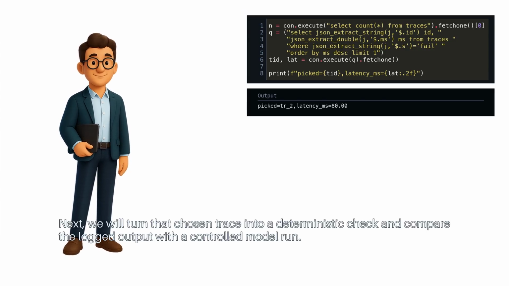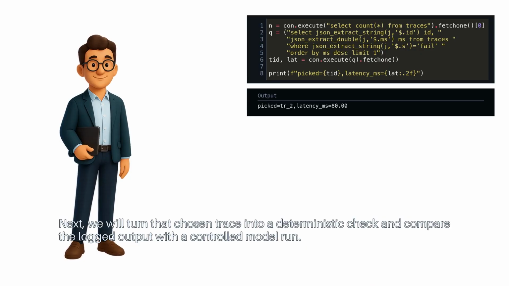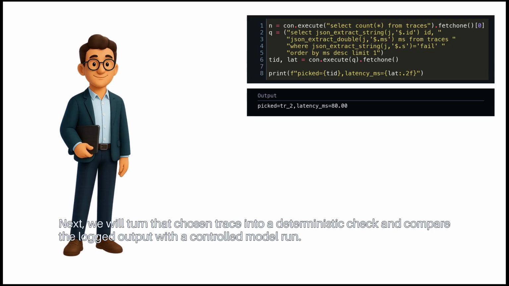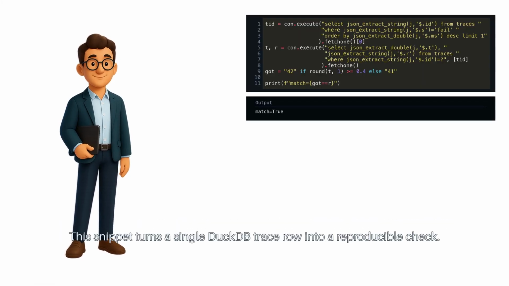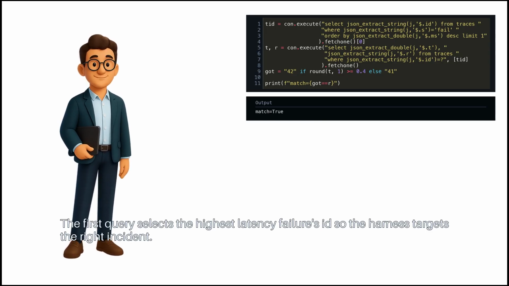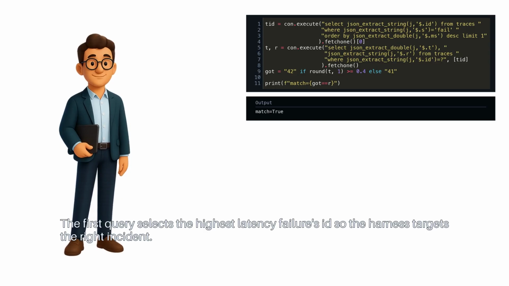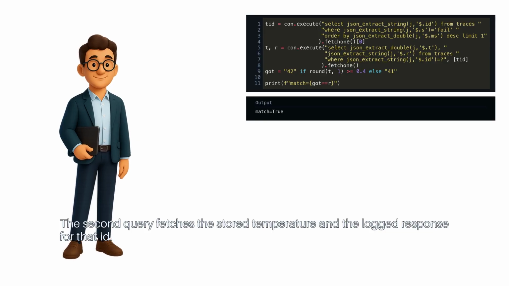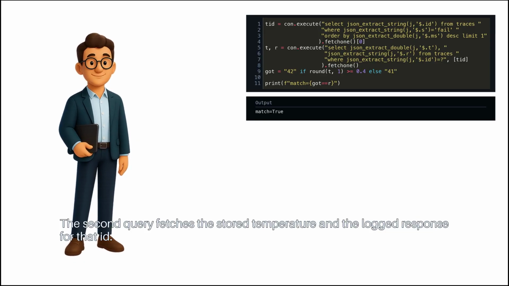Next, we will turn that chosen trace into a deterministic check and compare the logged output with a controlled model run. This snippet turns a single DuckDB trace row into a reproducible check. The first query selects the highest latency failure's ID, so the harness targets the right incident. The second query fetches the stored temperature and the logged response for that ID.